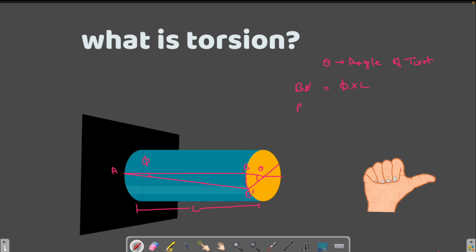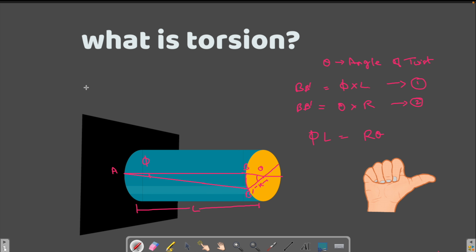Also BB dash is equal to theta into R, this angle of twist into radius of the cross section of the shaft. This is capital R. Now from these two equations, let me call them equation number 1 and equation number 2, what we get, phi into L is equal to R into theta.